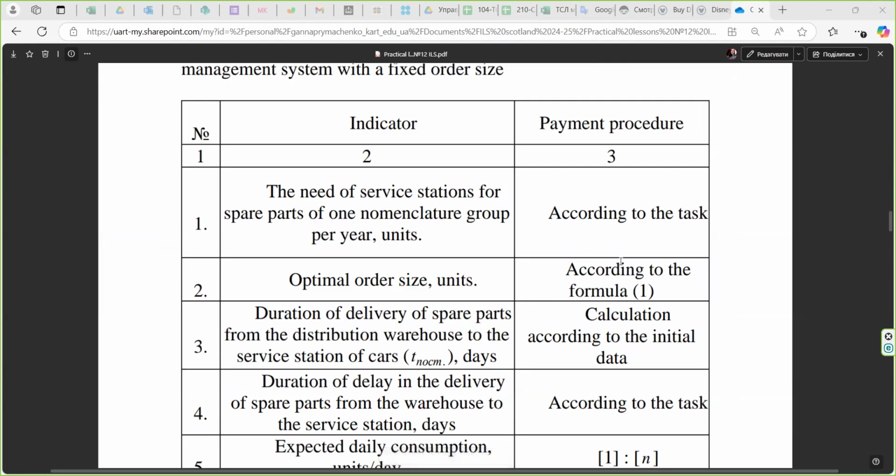We have only 1 minute left until the end of the first part of our practical lesson, so I propose to take a break for 10 minutes and come back at 15 o'clock, 3 o'clock past morning, on the same link.